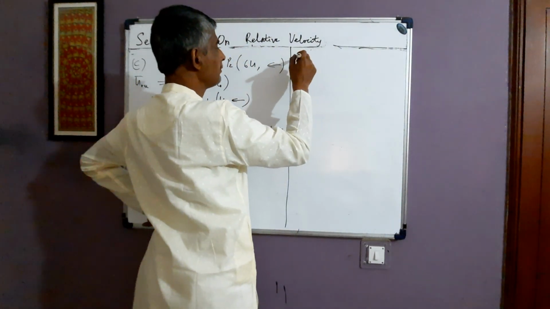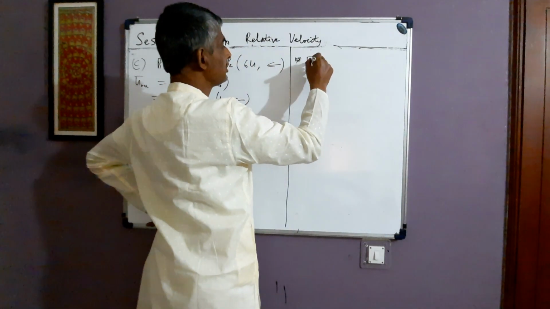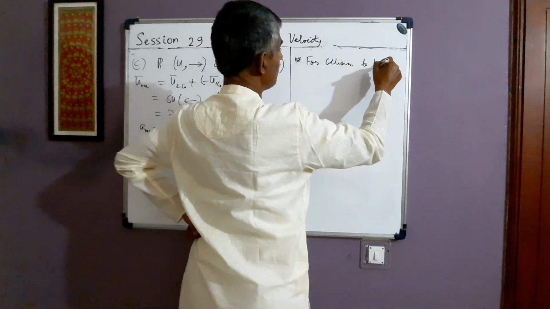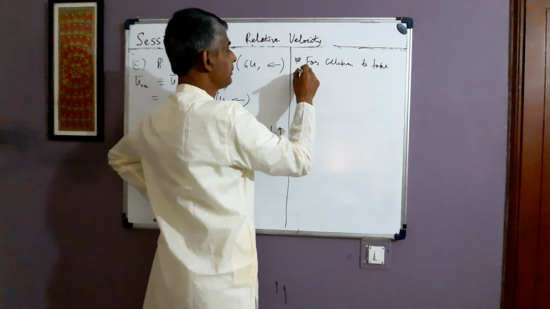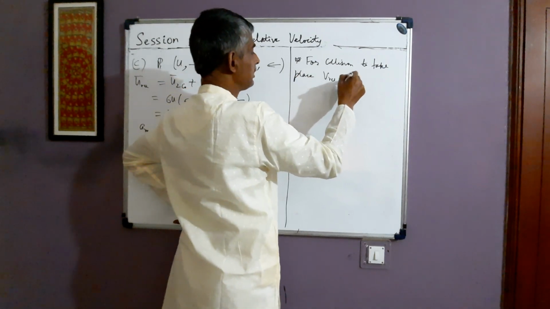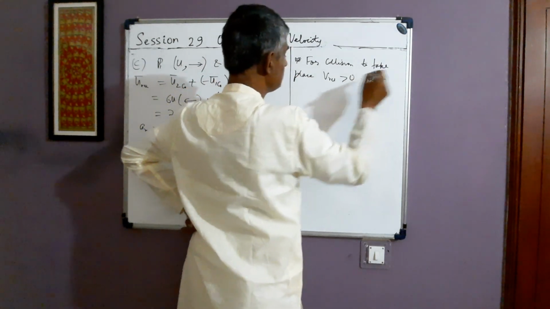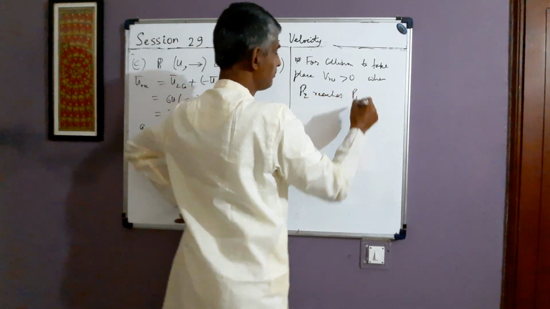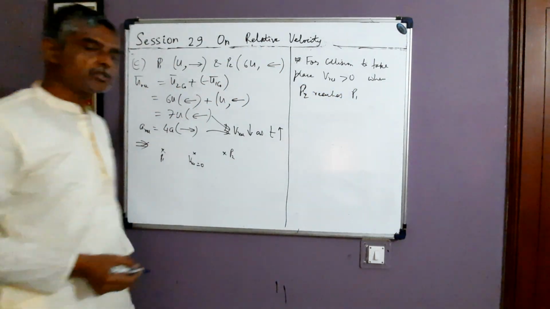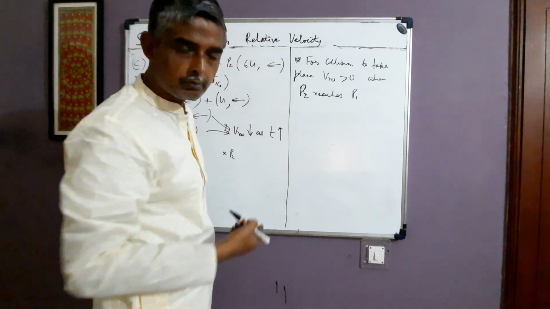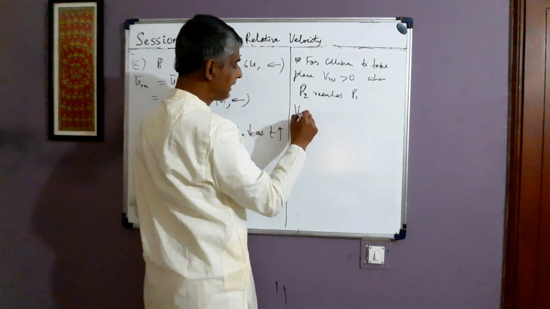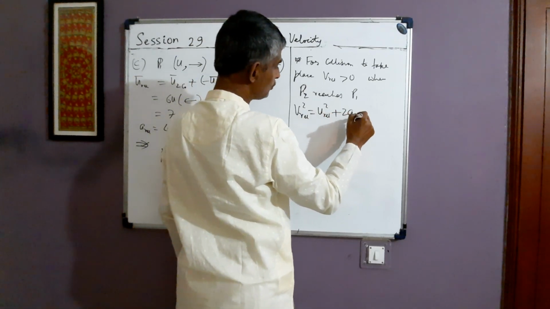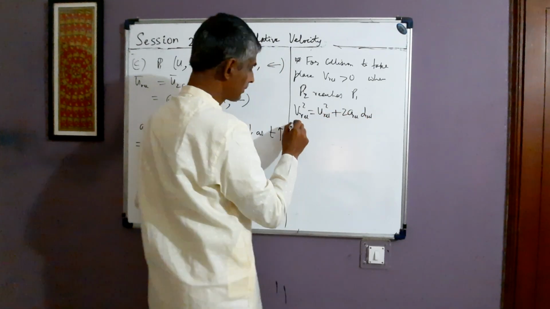So for collision to take place, V relative should be more than 0 when P2 reaches P1. Again we apply the constant acceleration formula, the third formula, which we have been applying for part A and part B. So we write V relative square equals U relative square plus 2 A relative into D relative.